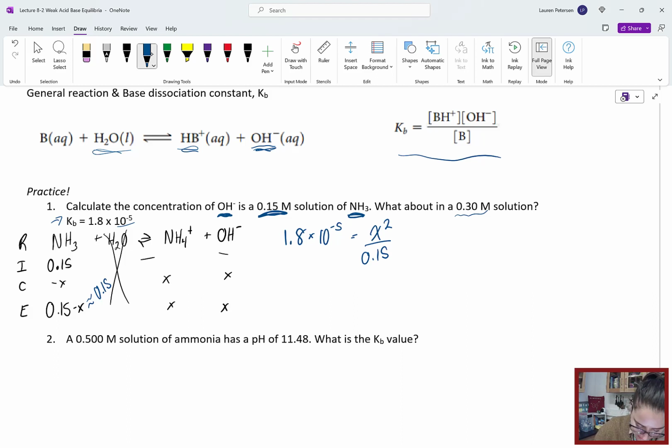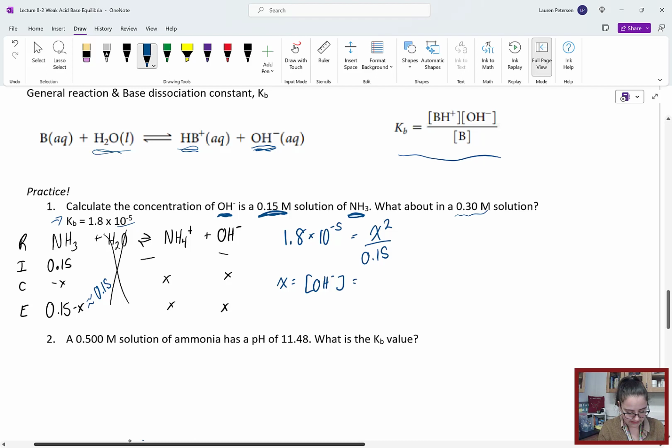Then we get an X, which is our concentration of OH minus, to be 1.8 times 10 to the negative 5 times 0.15, and then we take the square root of it, and we get 1.64 times 10 to the negative 3.